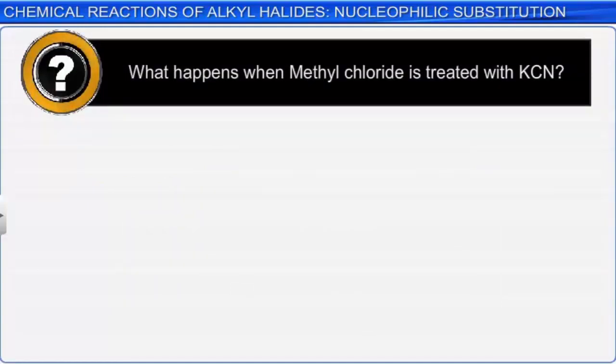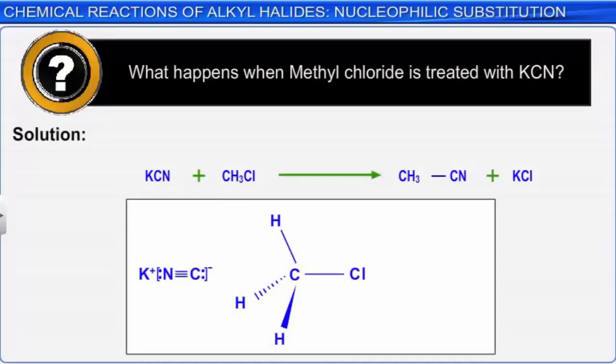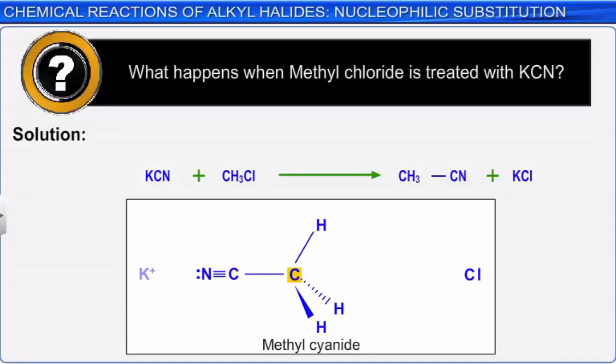What happens when methyl chloride is treated with potassium cyanide? KCN is ionic. So, it generates a cyanide ion which attacks the carbon in the methyl chloride. In principle, the cyanide ion is ambident and could attack from either end. However, the C-C bond is more stable than the C-N bond.